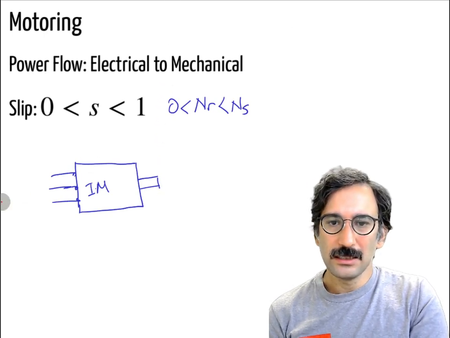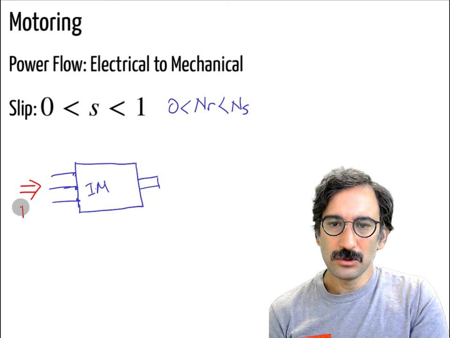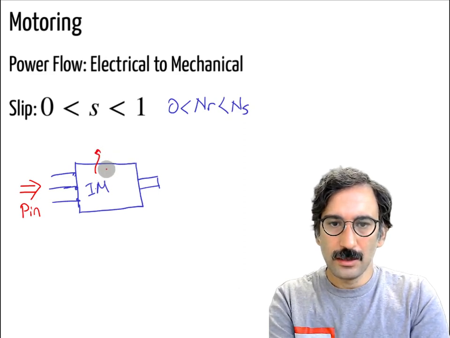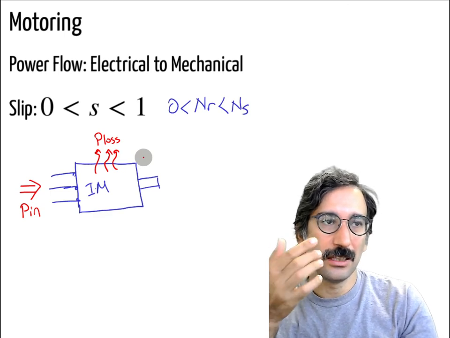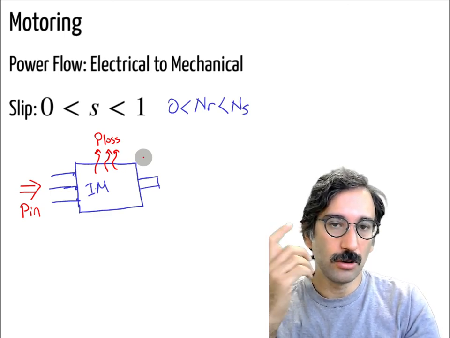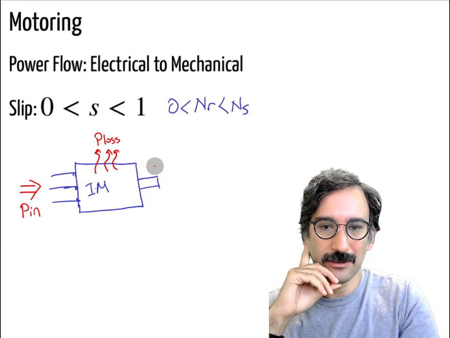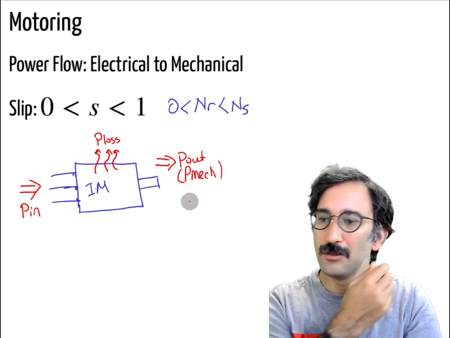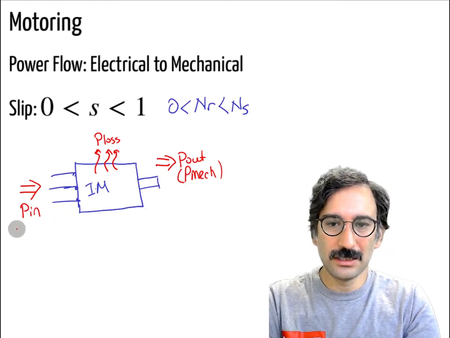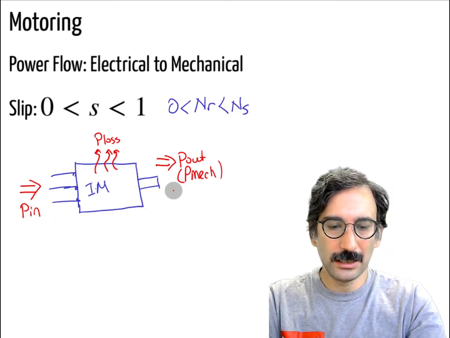So in this case, input energy is coming like that, and you have some losses, P loss. Okay, those can be the copper losses in the stator winding, copper losses in the rotor, core losses, maybe friction losses, etc. So then you have the P out, which is P mechanical. So energy flow is in that direction. So this is the electrical side, this is the mechanical side.